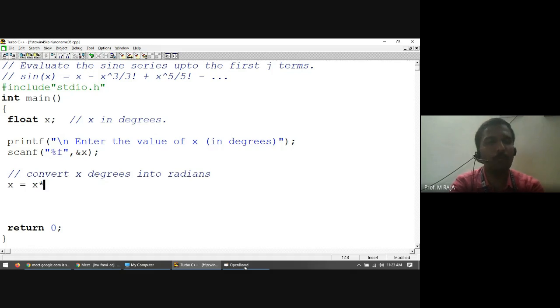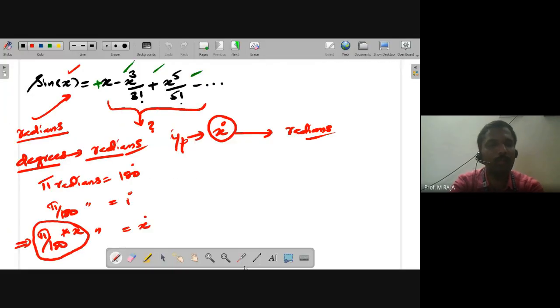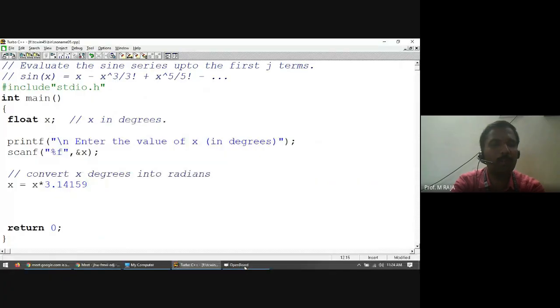You can use the symbolic constant if you want. There you can use, before the main function, pi defined as 3.14159, or you can directly use here x into pi by 180. We have used 3.14159 by 180.0 as a floating point quantity.